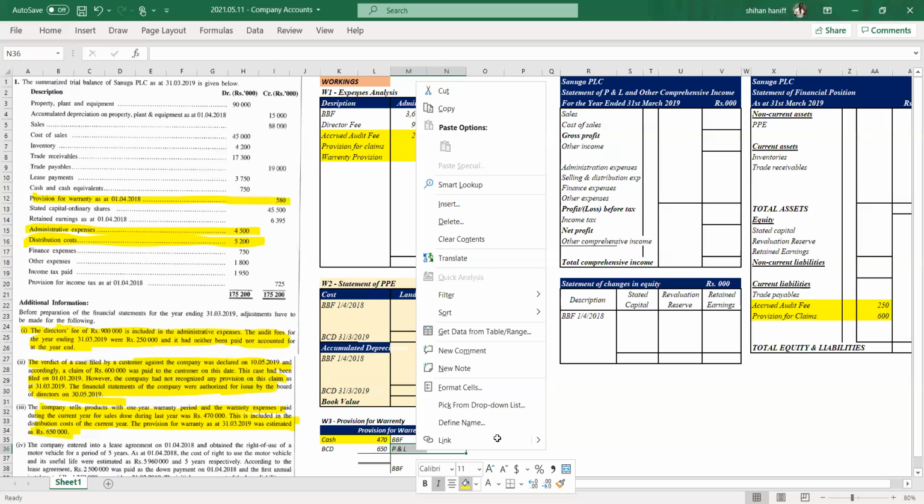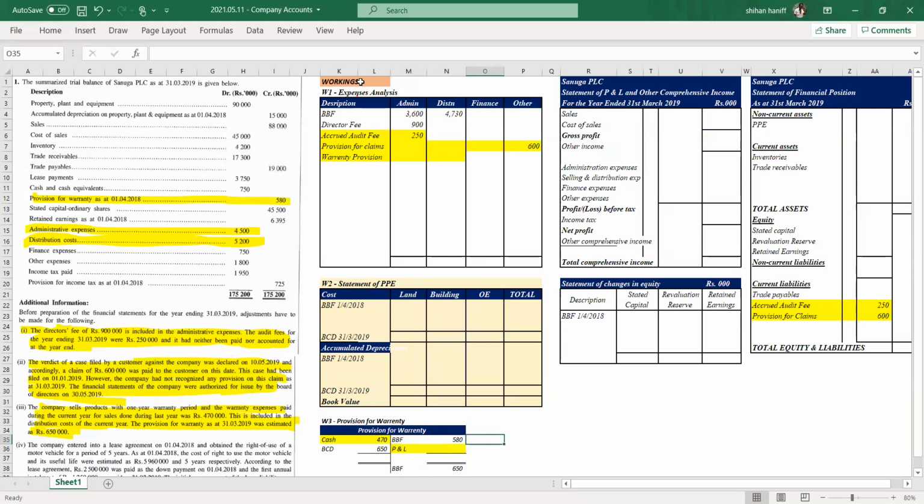Can you all tell me how much the warranty provision is?